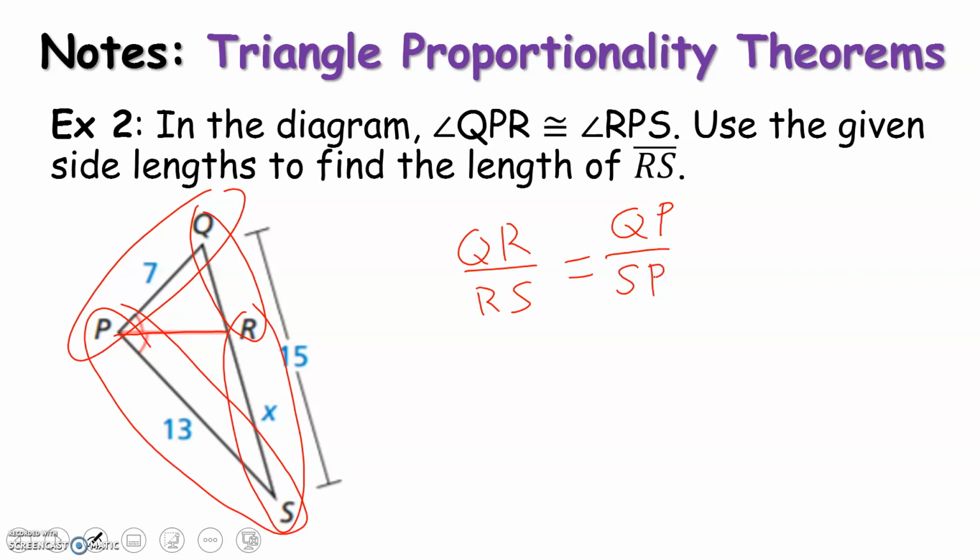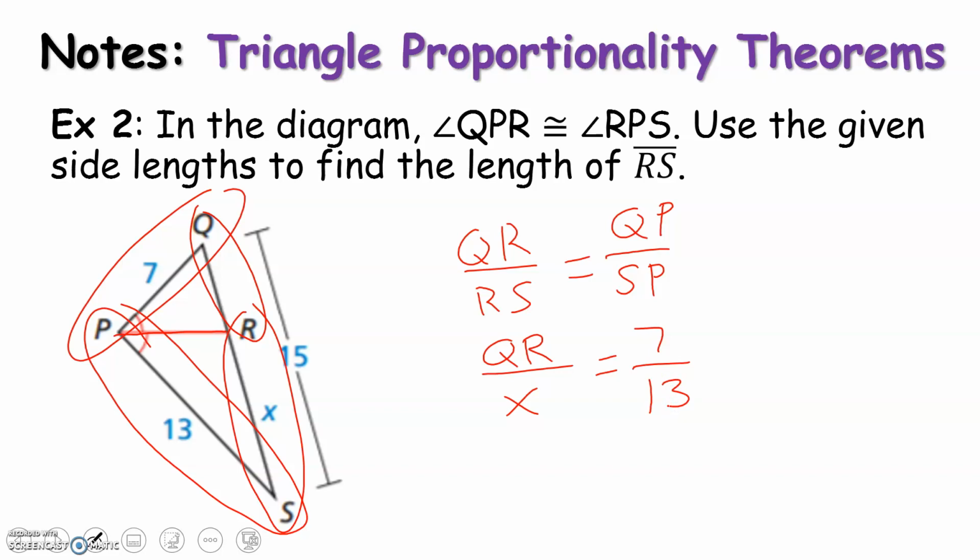Plugging in everything we know, we get QR, we don't know, RS is X, QP is 7, and SP is 13.